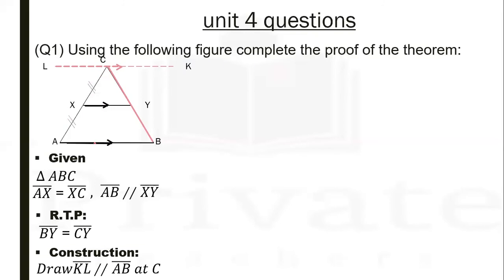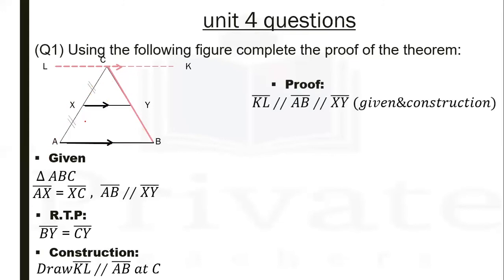And from theorem 1, we said that if we have three parallel lines and a transversal which intercepts congruent segments, then another transversal will also intercept congruent segments. This is the idea. These parallel lines which make congruent segments, if we bring another transversal, will also make congruent segments.